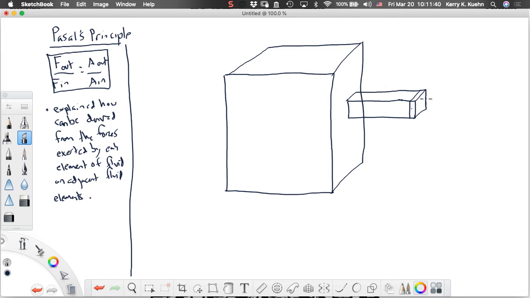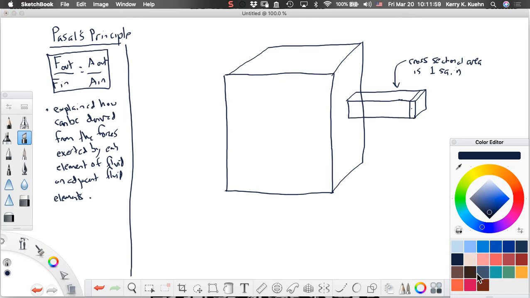So let's suppose that the cross-sectional area right here is 1 square inch. Let me draw forces in orange.